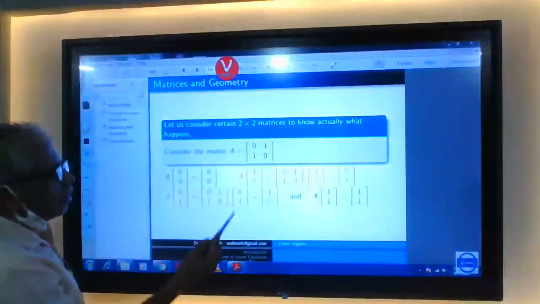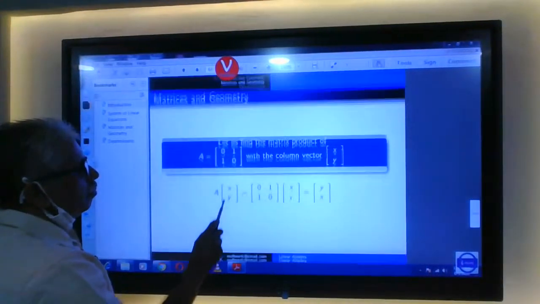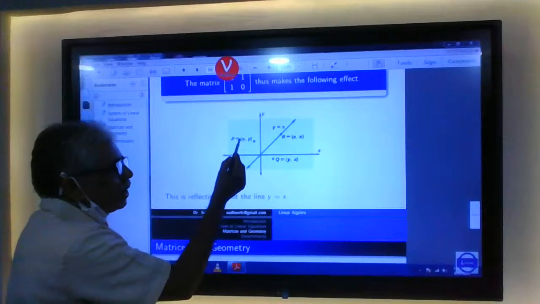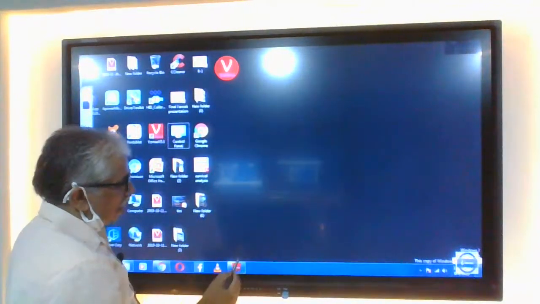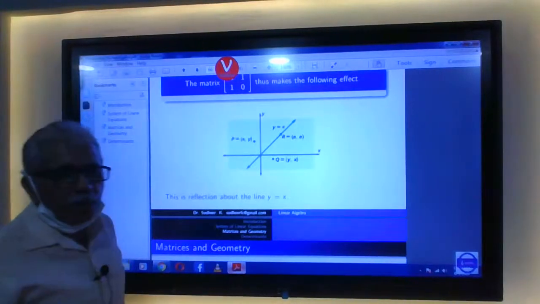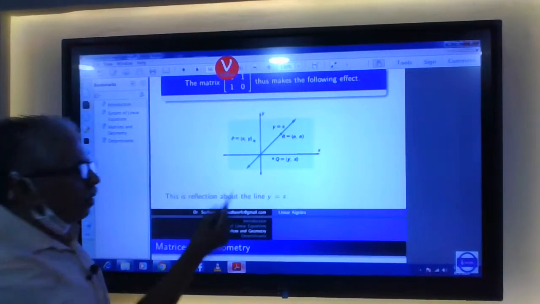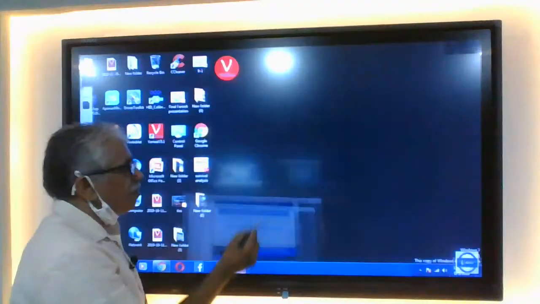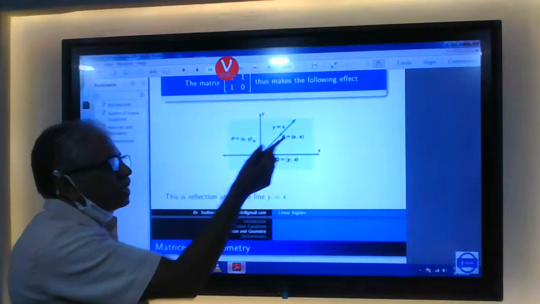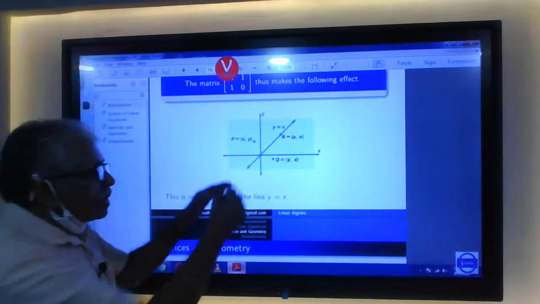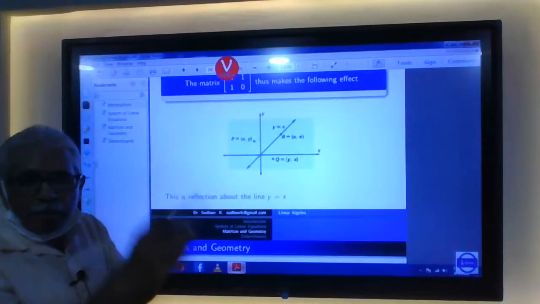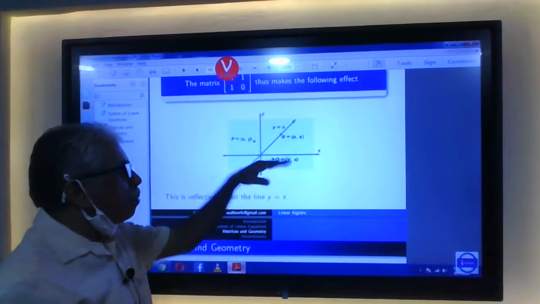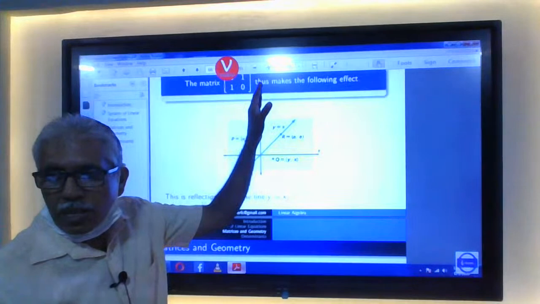So when you look at this geometrically, the point xy is mapped to the point yx. The origin is mapped to the origin itself. 1 1 is mapped to 1 1 itself. aa is mapped to aa itself. That means the entire line y equal to x is mapped to itself. 1 0 is mapped to 0 1, which means the positive x-axis is mapped to the positive y-axis.